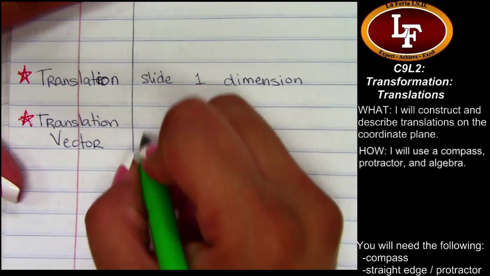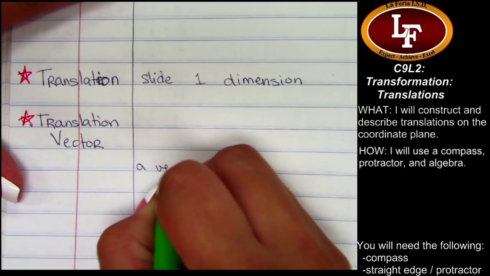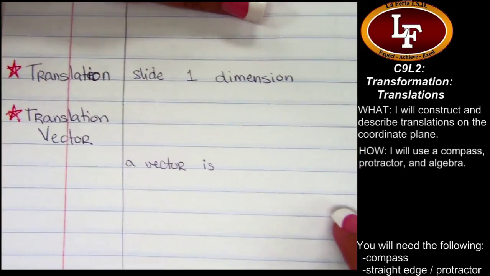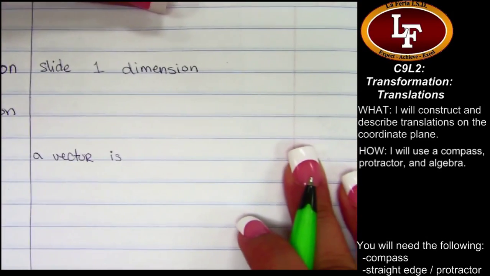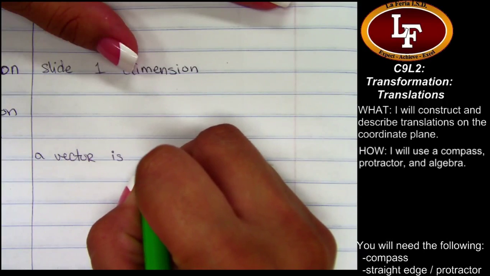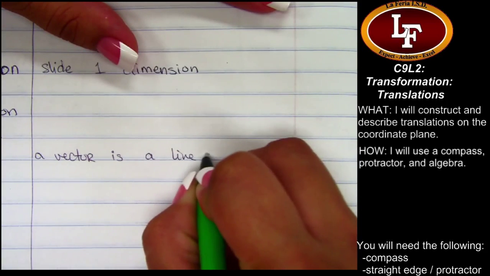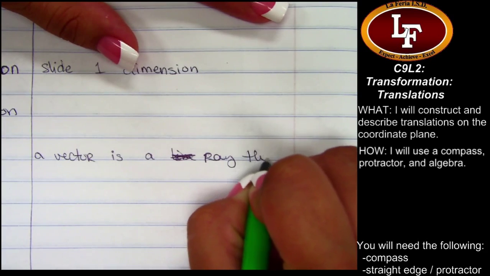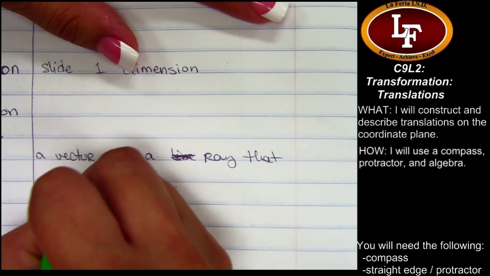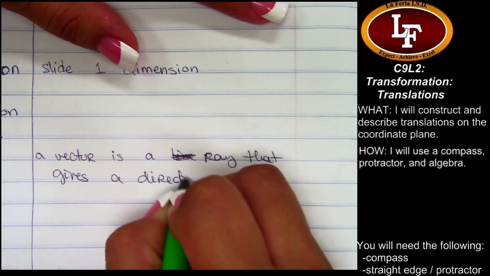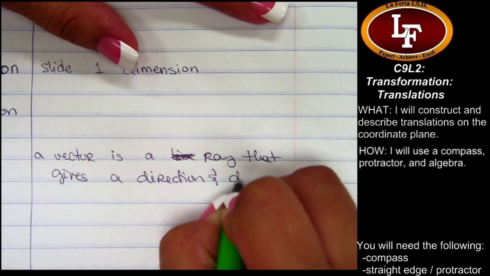So, a vector is a line segment, or rather, excuse me, it's an array that gives a direction and a distance.